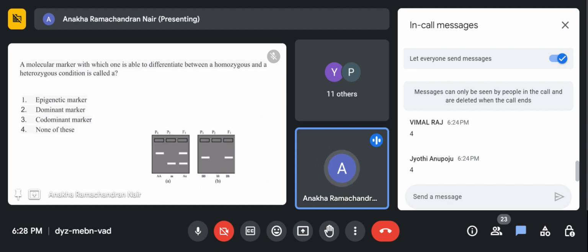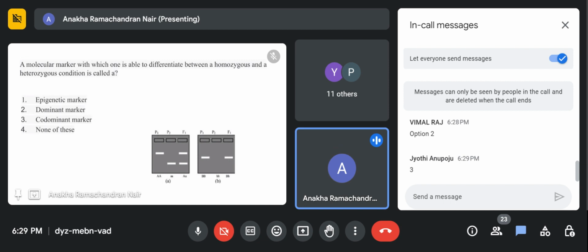The question is: a molecular marker with which one is able to differentiate between a homozygous and a heterozygous condition is called an epigenetic marker, dominant marker, codominant marker, or none of these. Alright, I see a few answers in the chat.